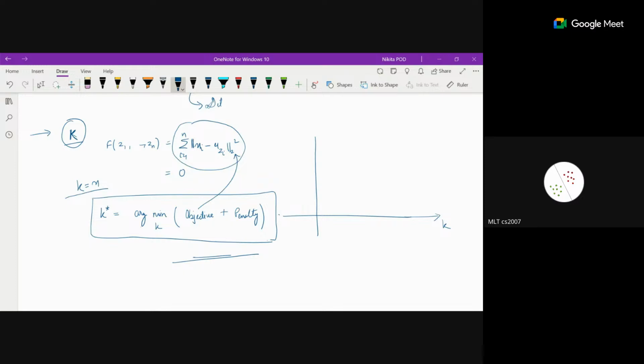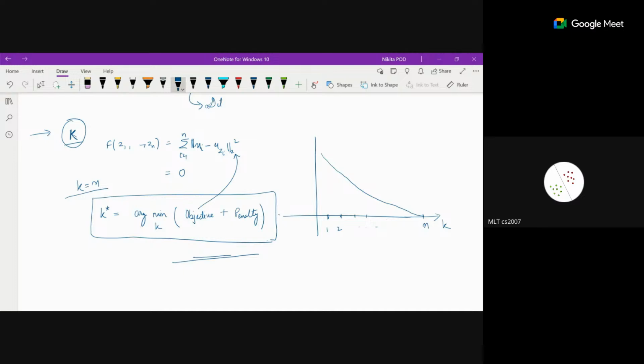So for different K, you have 1, 2, 3, up to K. At each K you will have some objective value, and this objective function value decreases with increase in K. When K reaches N, I know my objective function value is 0. It is a decreasing function.